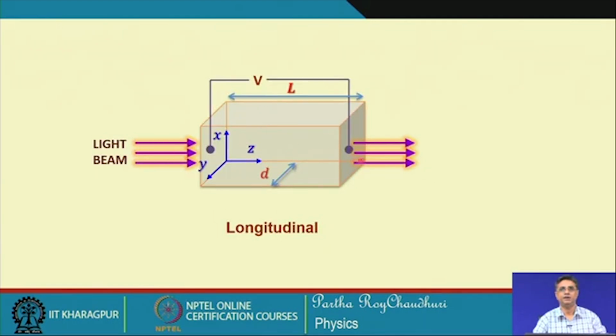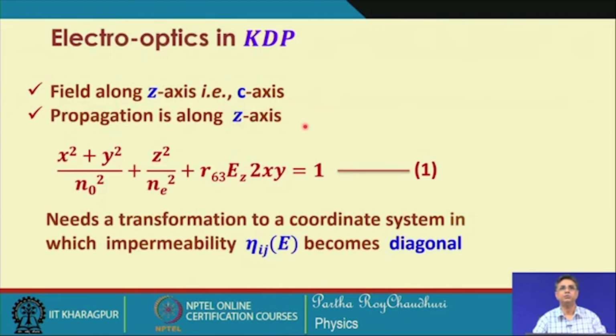So, along z axis the light is propagating, electric field is also along z axis. Therefore, in this longitudinal mode of operation, you have only one field Ez. So, you retain only one cross term, and then it needs a transformation of the coordinate system to look for the principal refractive indices. So, this impermeability becomes diagonal in the system after rotation that we are looking for.